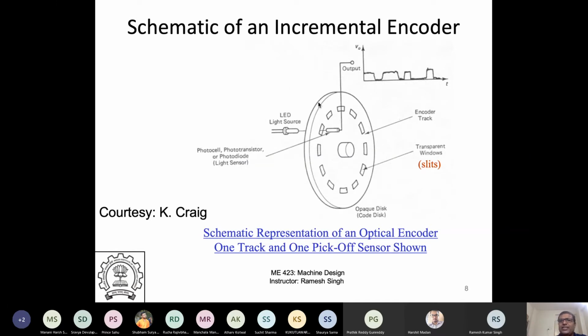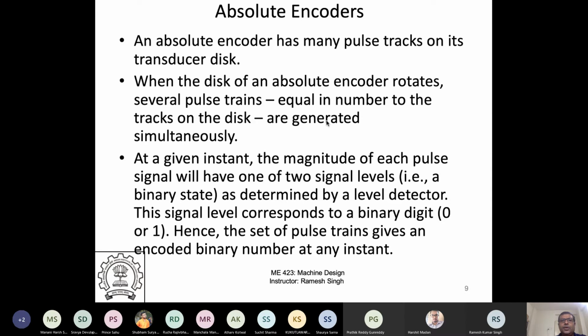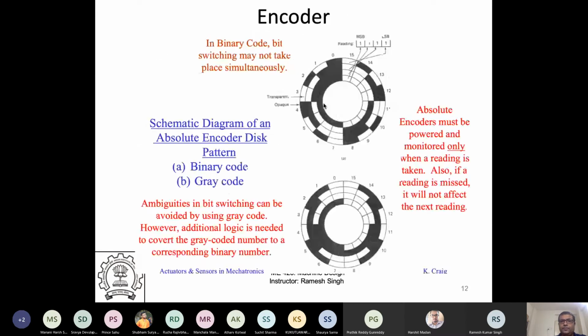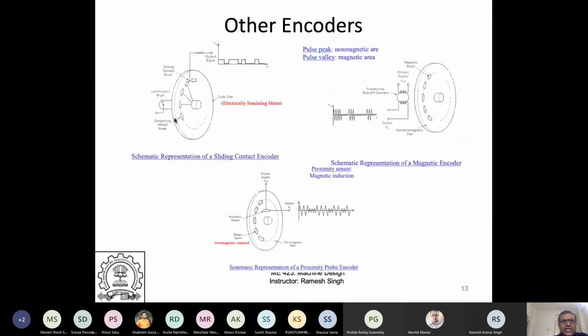So every time it hits the slit, there is power. There is a pulse. You get a voltage pulse because of this photodiode or phototransistor. But let me see the other one. This is a sliding contact encoder.